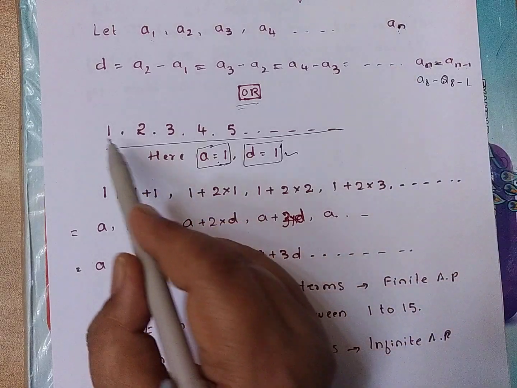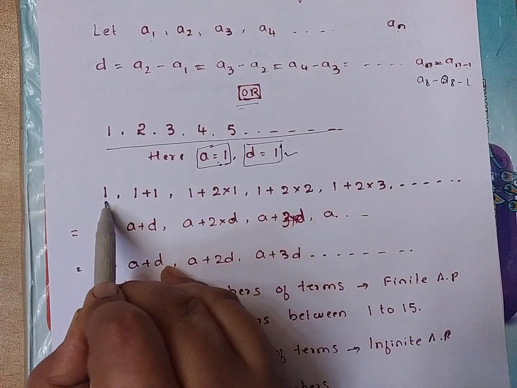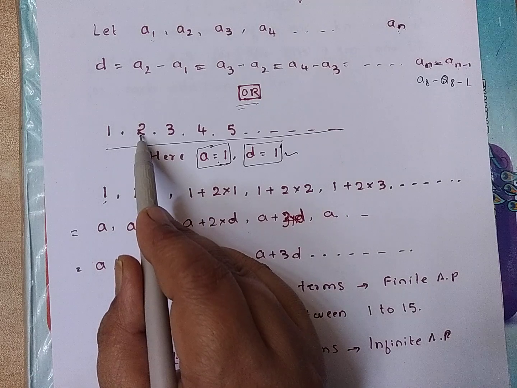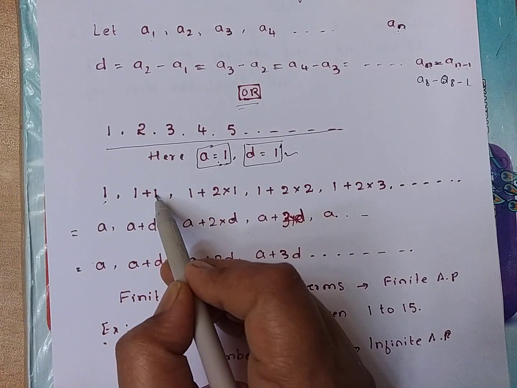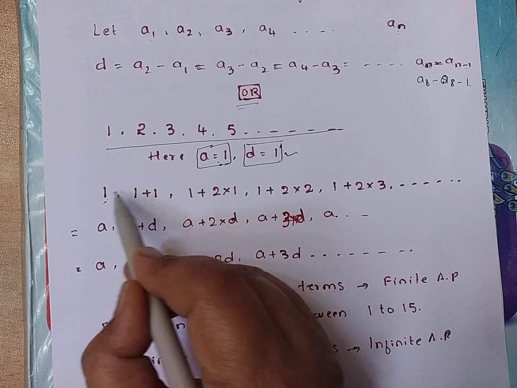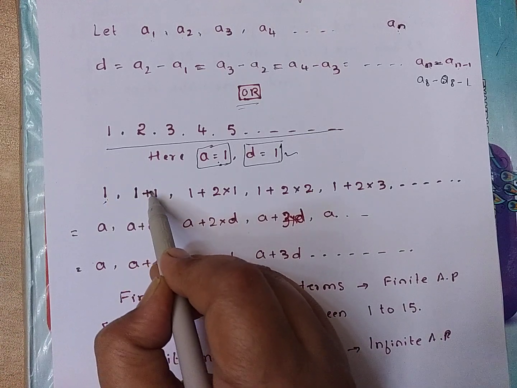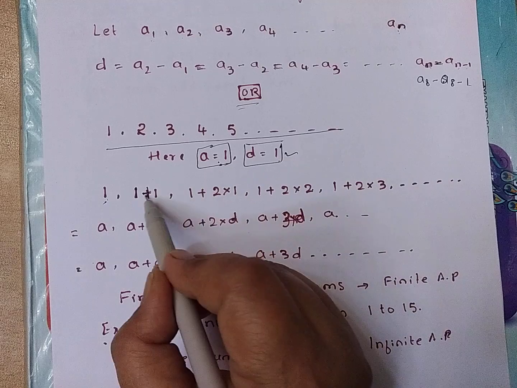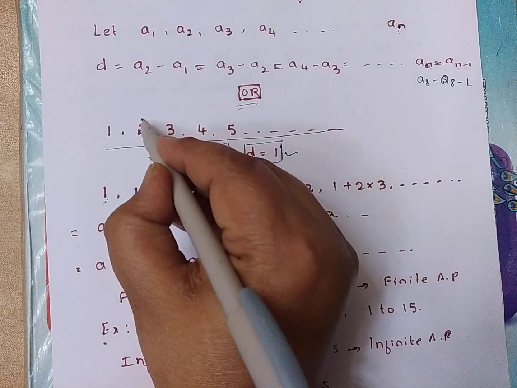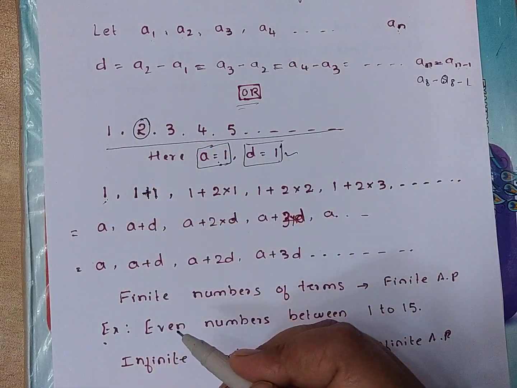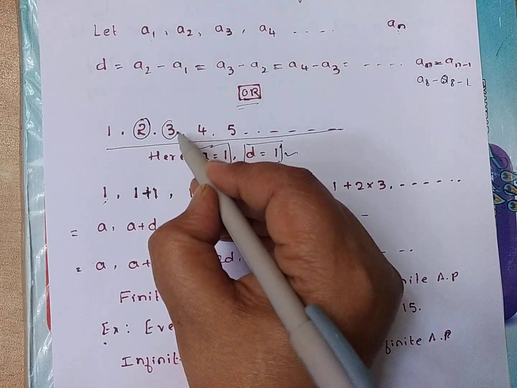We can write like this. 1 we will write as it is, and then 2. For 2, how to write? To the first term we add the common difference. What is the first term? 1. And what is the common difference? D, that is 1. 1 plus 1 is 2. This is the second term. Then how will you get the third term?